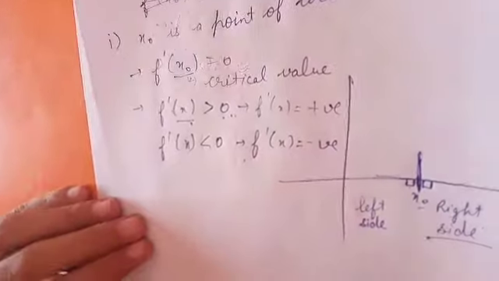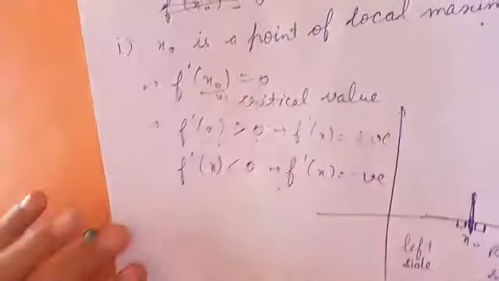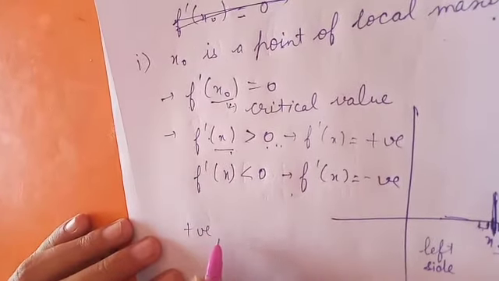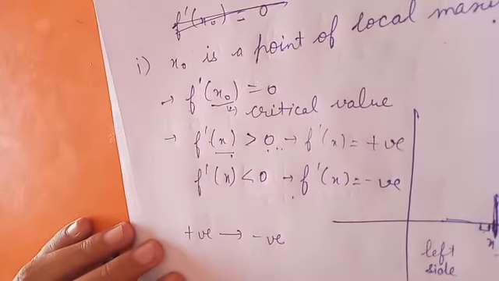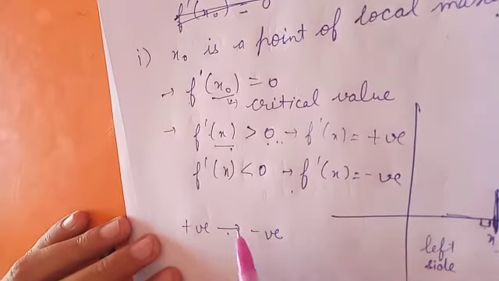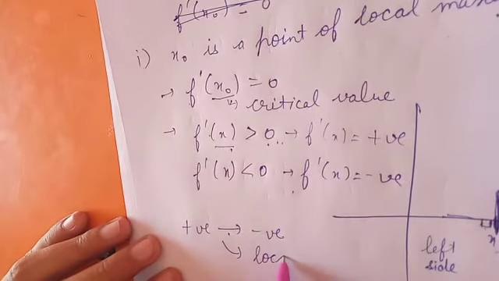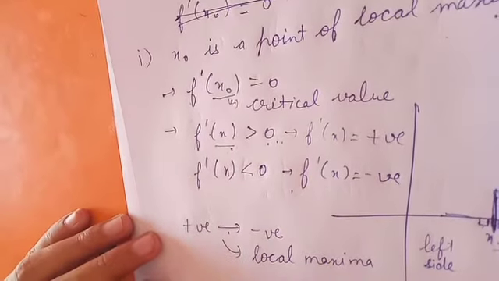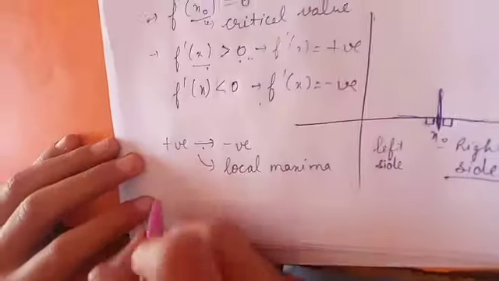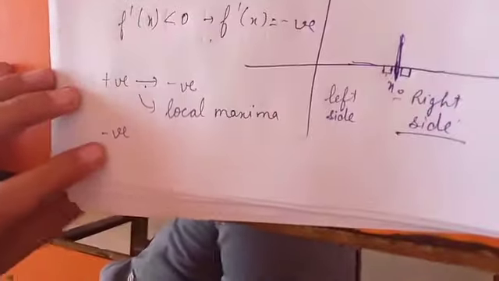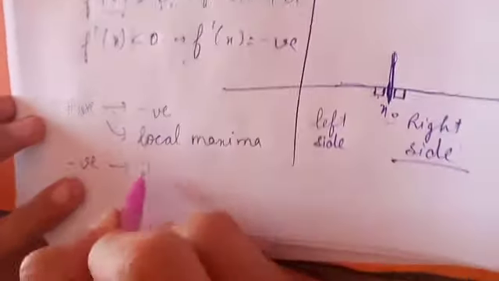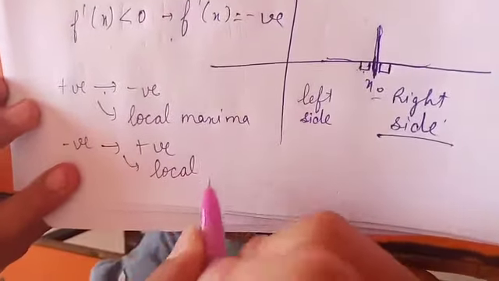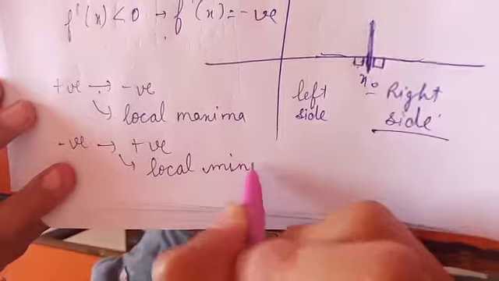That means if we do the first derivative test and the sign changes from positive to negative, then that point is local maxima. And if we get a sign change from negative to positive, then the point is local minima.